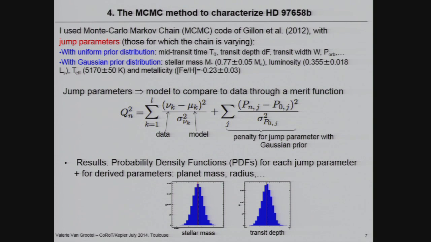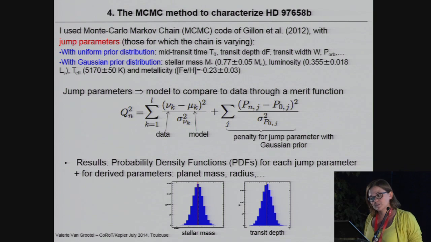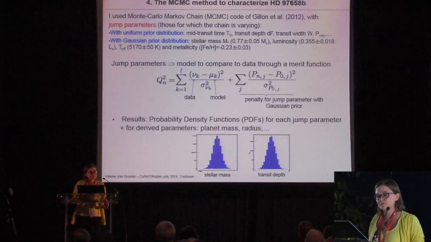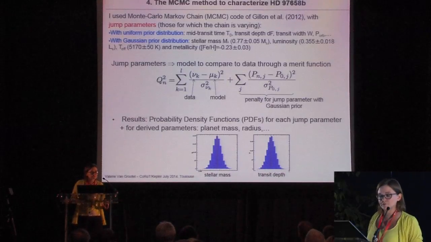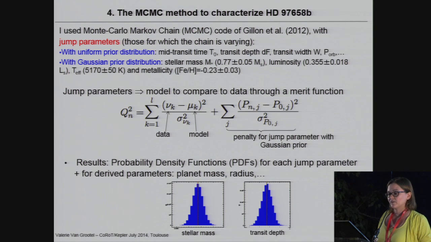I will go very fast on that because it's not the first time that we speak about MCMC this week. I used the Liège MCMC code to characterize the exoplanet. For the jump parameters, which are those for which the chain is varying, we have two kinds: those for which we have no information a priori, so they have uniform prior distribution, and the others for which we have information, so we put a Gaussian prior distribution.